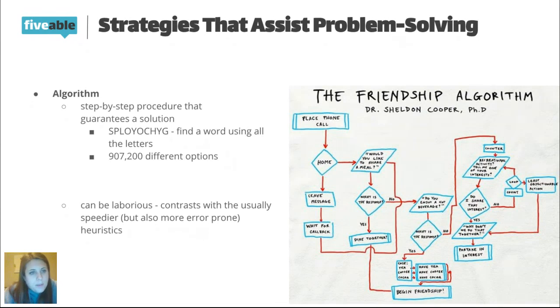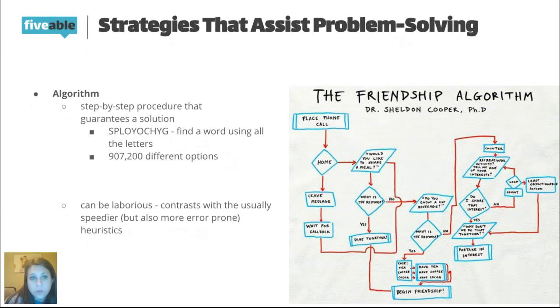But basically, if you had no idea how to solve that, you could just switch one letter every single time, and eventually you would get psychology. Another good example of an algorithm, I don't know if you watch The Big Bang Theory, but I like to show some of their clips in class. Basically Sheldon thinks he's come up with the algorithm for friendship. And so he goes through this whole process. The chart is there, that picture is from the episode.